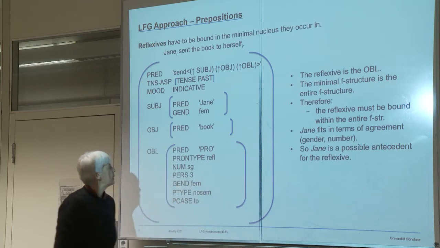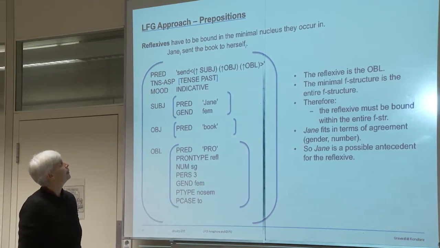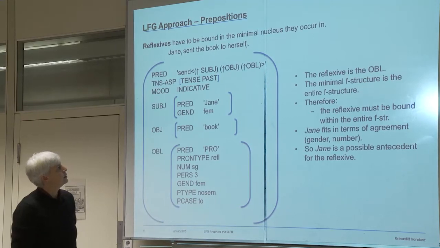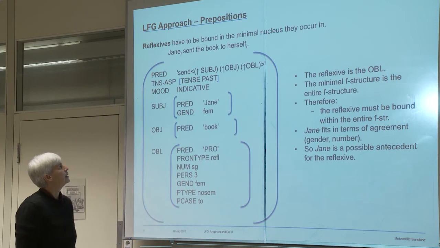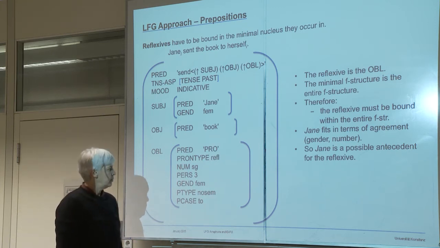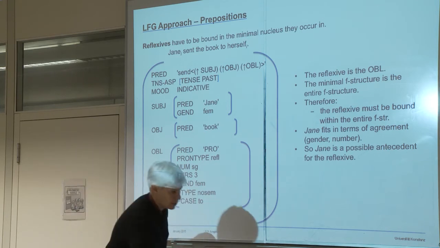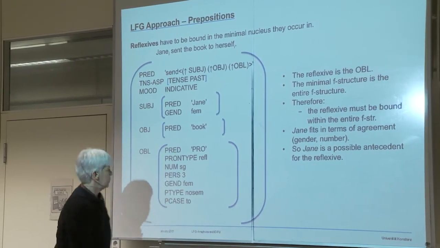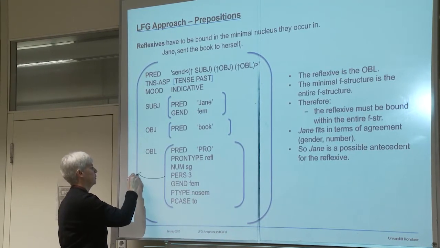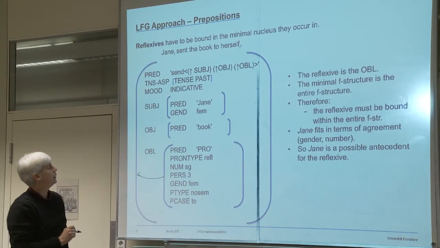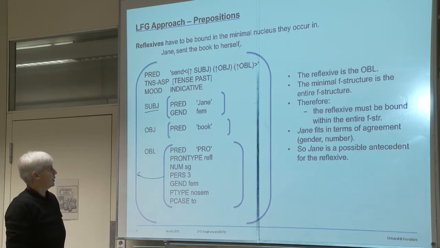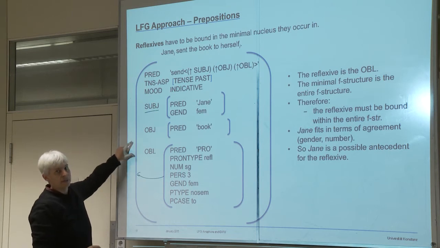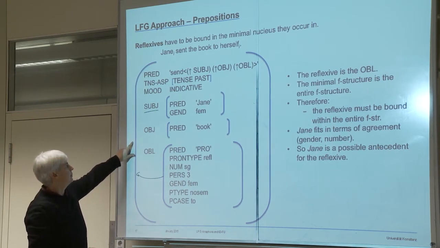With the reflexives, it is the same, it's a different reason why it can refer, but it's the same effect. Reflexives have to be bound in this minimal nucleus. What's the minimal nucleus? Well, here we are. We go look at an F structure, see if it has a subject. Yes, it does. Okay, so this is the F structure that we need to find our antecedent in.